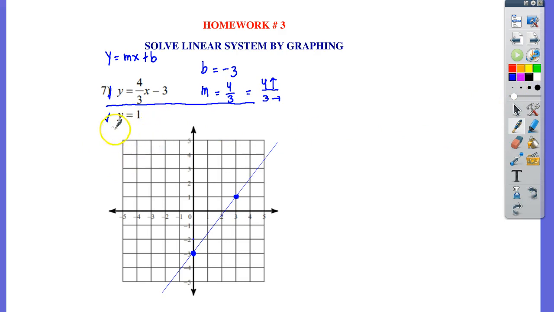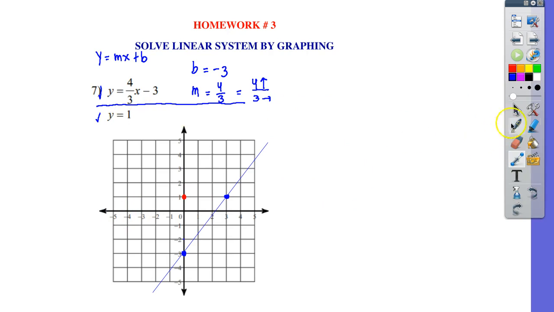Oh, this one is just y equals 1. So there's no x term, which means you're just going to plot a point right here on the y-axis at 1. And this is going to be a horizontal line.